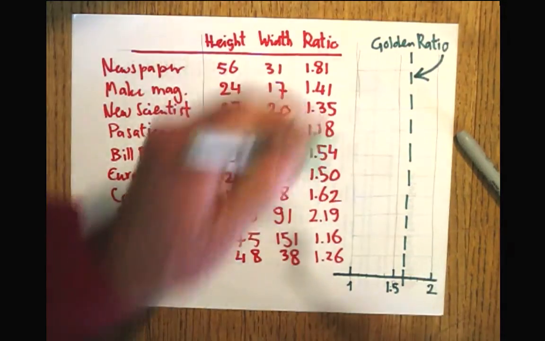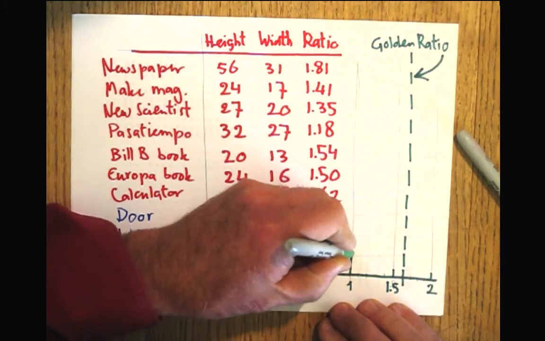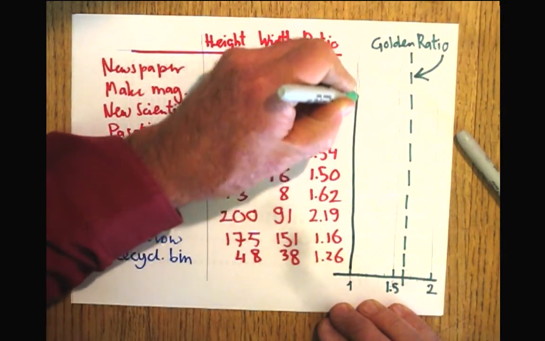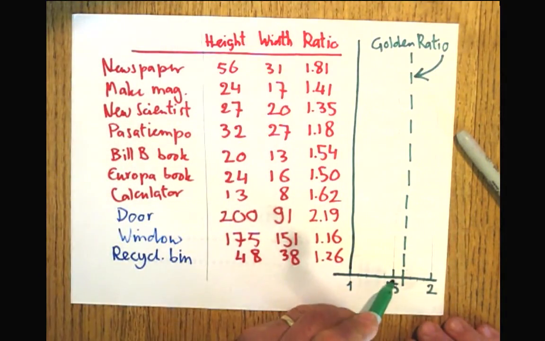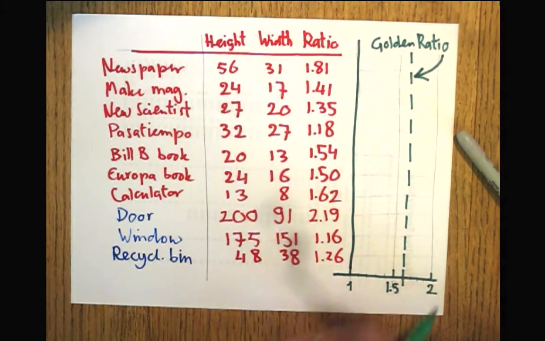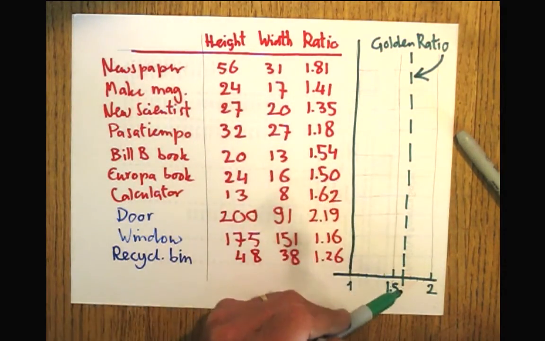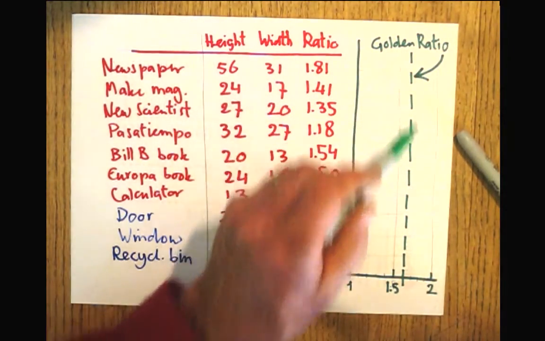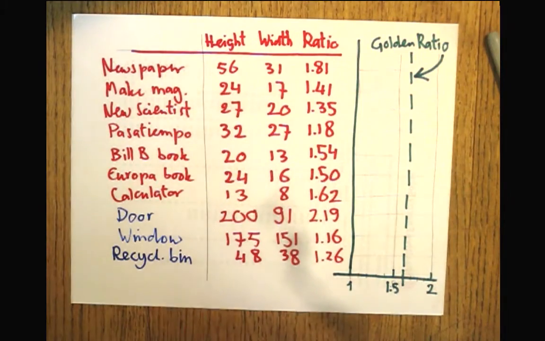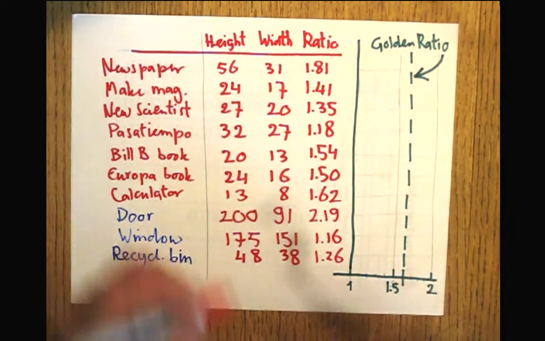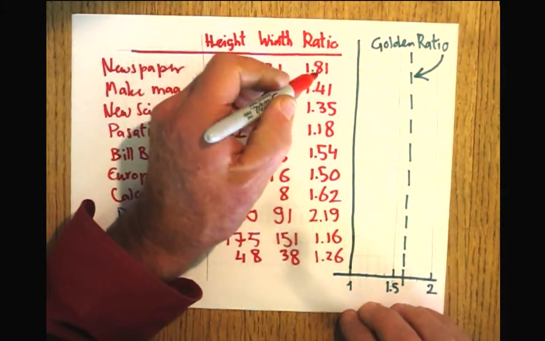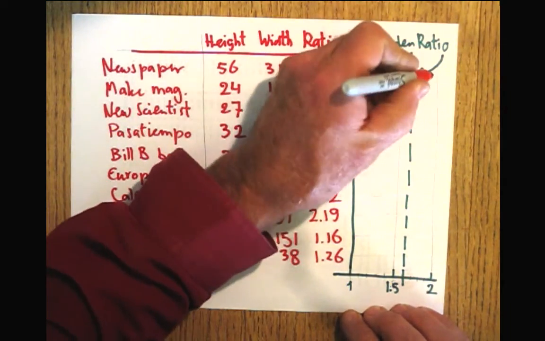This is 1, and then 1.5 and 2. And I made a dotted line where the golden ratio is, 1.6 and a little bit. So here goes. Newspaper is 1.81. I'm going to plot these ratios.